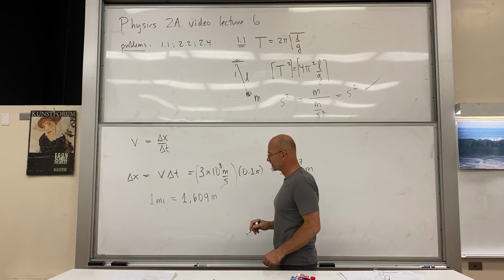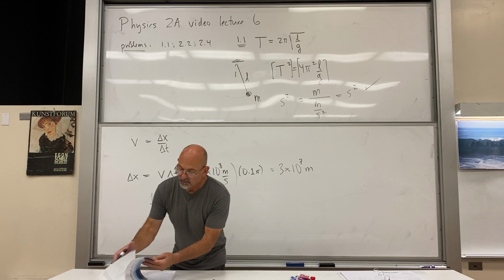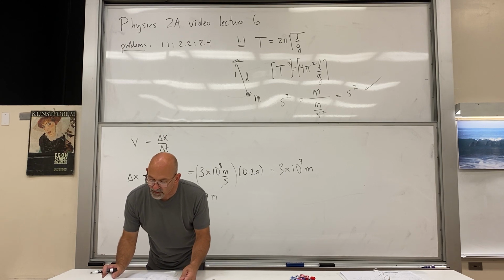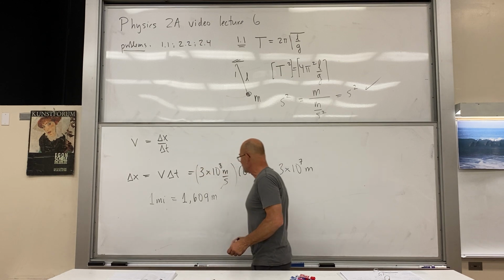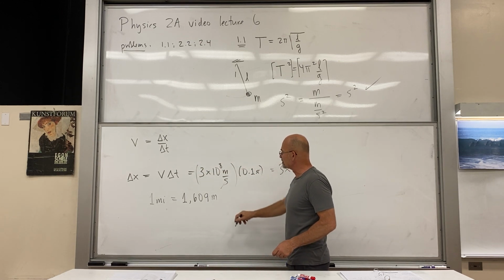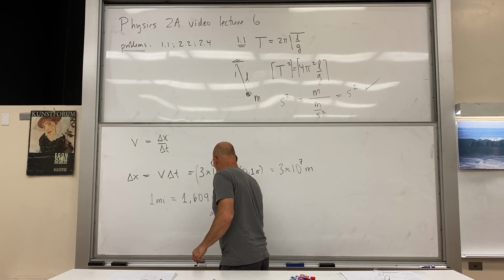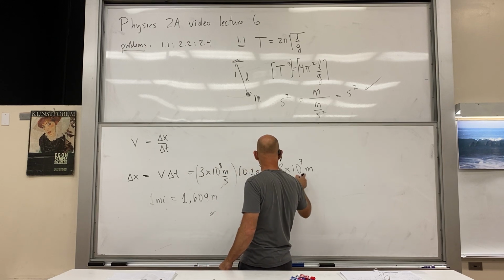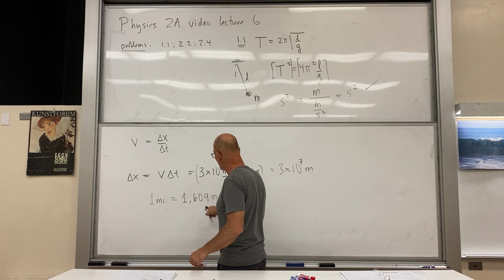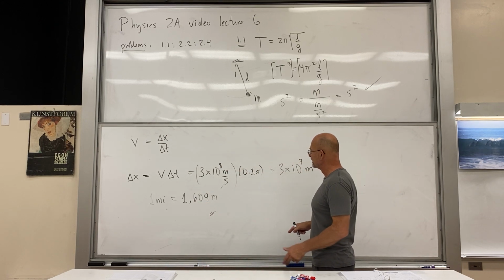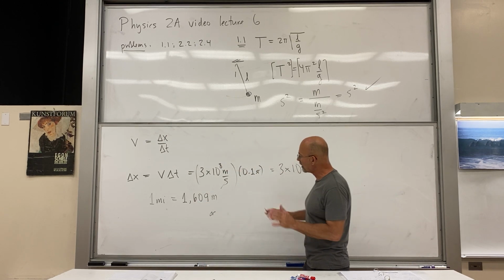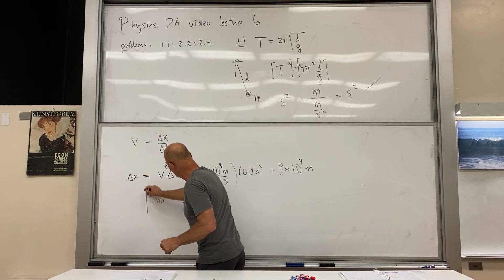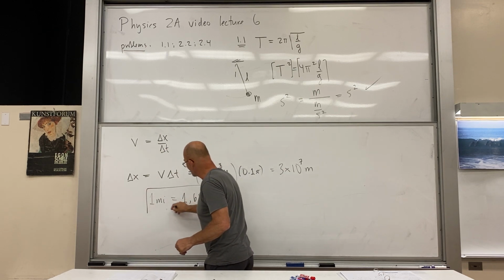Okay. Did I say kilometers? 1.609 kilometers, 1,609 meters. So that's what you do, you make a conversion then, or since we have meters here, we want to convert to miles, we would just plug in the meters and get the miles. But you always just use these definitions to make your conversion.